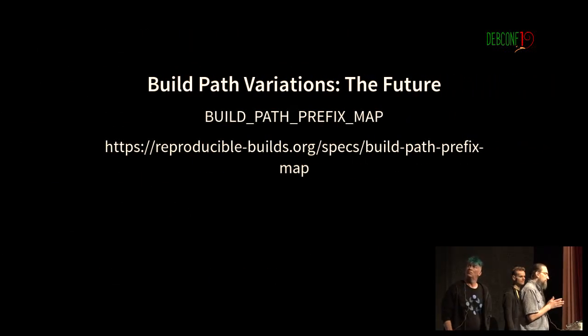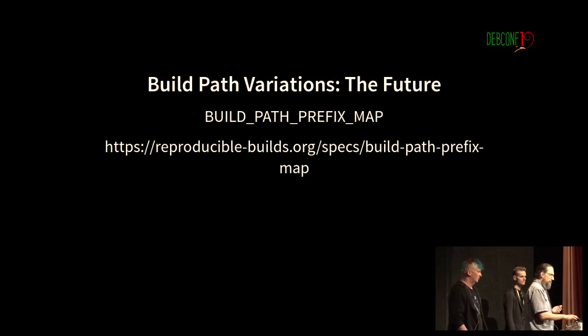The future: Simon wrote up a specification for build path prefix map, and the idea was to embed the kinds of things that we were putting in debug prefix map and would put in macro prefix map into an environment variable that then would not get embedded in the binary and would solve thousands of packages rather than just a few hundred.